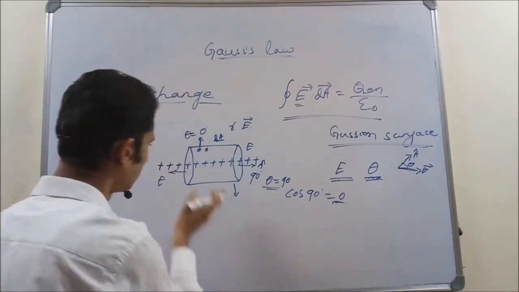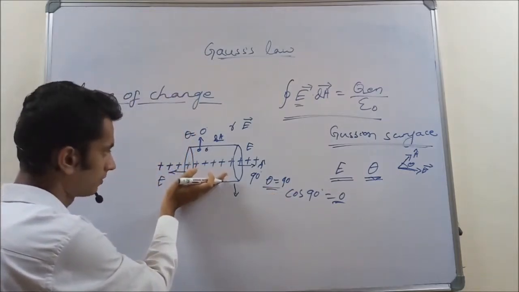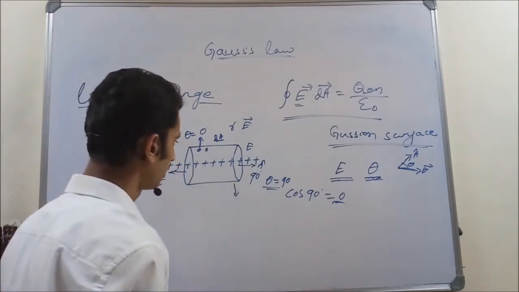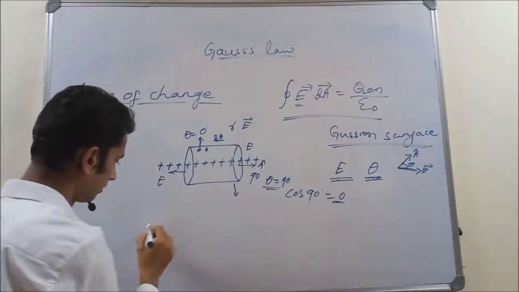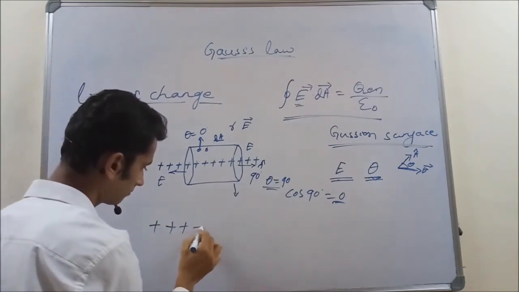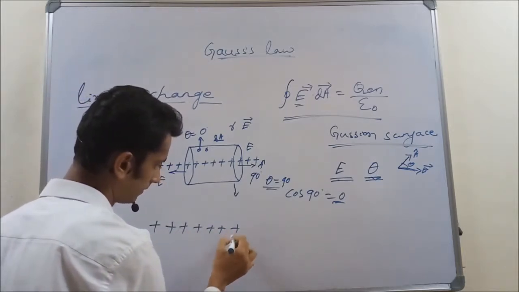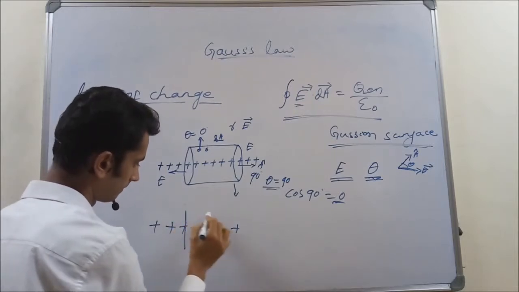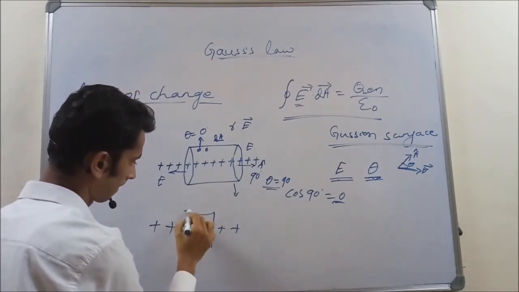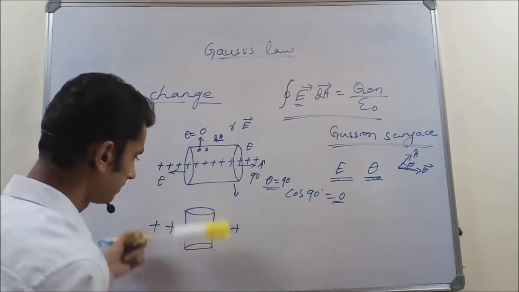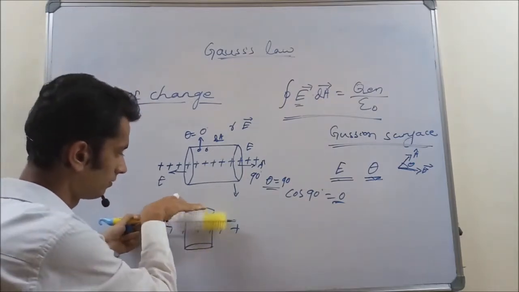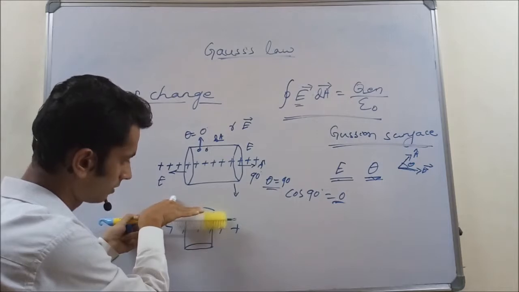So we can choose a cylinder as our Gaussian surface for a line of charge, but we have to take the cylinder like this only. If we take the cylinder like this, then what happens? The flat surface will face the lines of force like this.